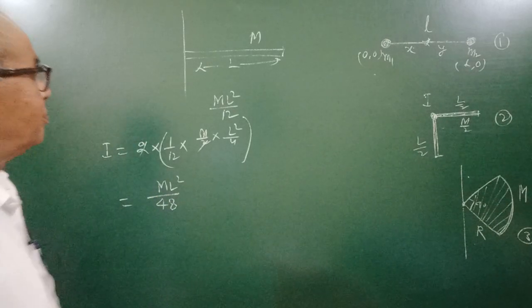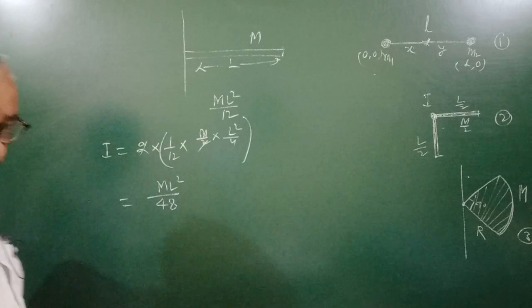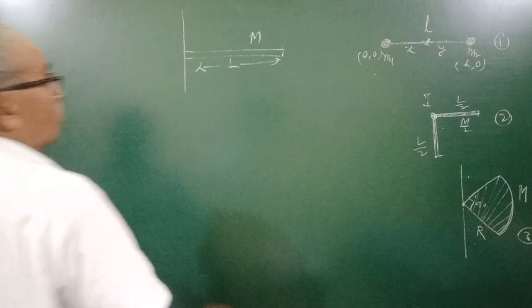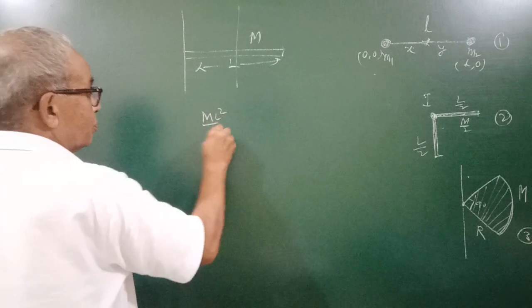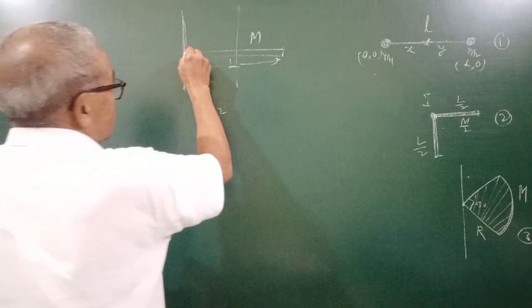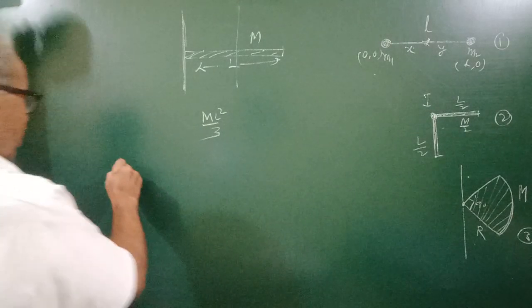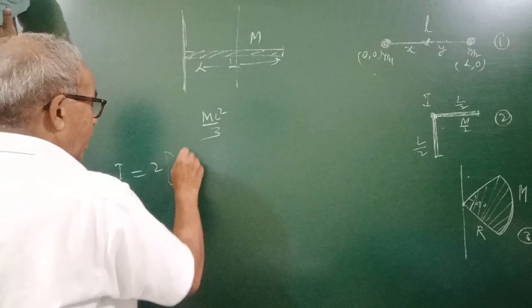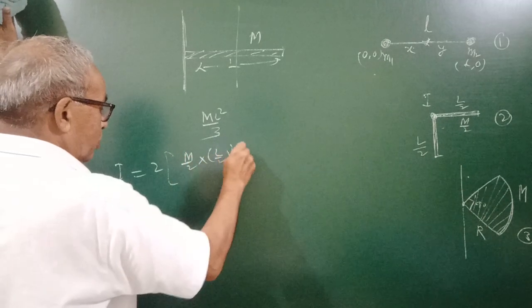Is that clear? Oh no, sorry. Yes, right, this was wrong. It was ml square by 3, sorry. That one is through the center. ml square by 3 about an axis. Sorry children. So now it will be I equals twice of m by 2 into l by 2 whole square upon 3.